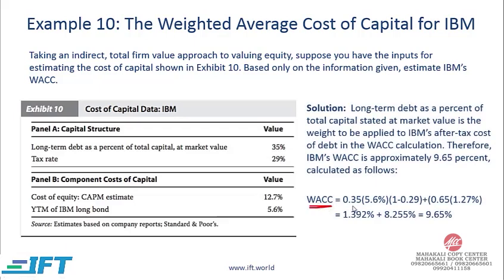The cost of capital is the weight of debt, which is shown right here, and then the cost of debt shown over here, 1 minus the tax rate, and then the weight of equity, which is 1 minus 35%, into the cost of equity, which is actually 12.7%. When you do the calculation, you should get 9.65%.